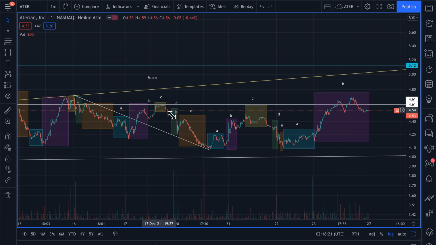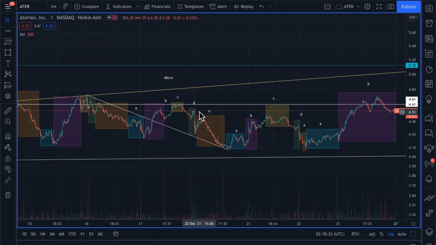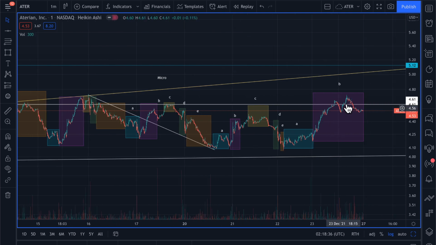Some of the things that make fractal tracking really difficult is that you can have these really exaggerated moves in the midst of what normally is a more tame move. And you kind of have to take things with a grain of salt. When you see those things, you really need to look at the big picture and just say, okay, what happens between B and C, and did that happen here?